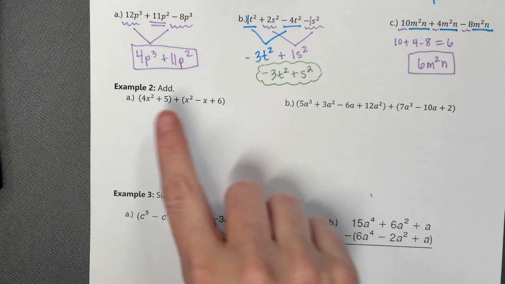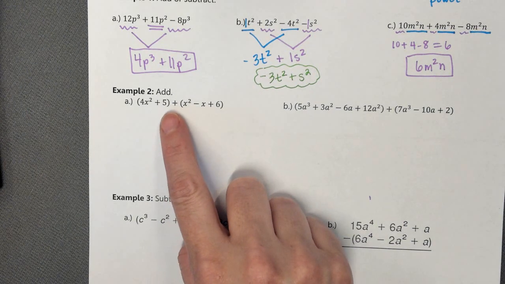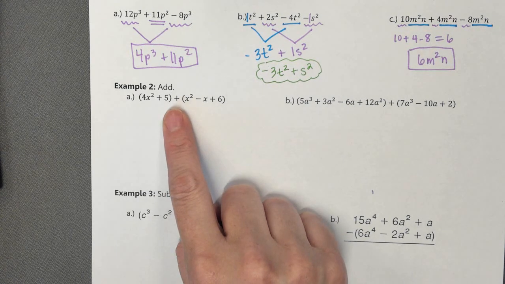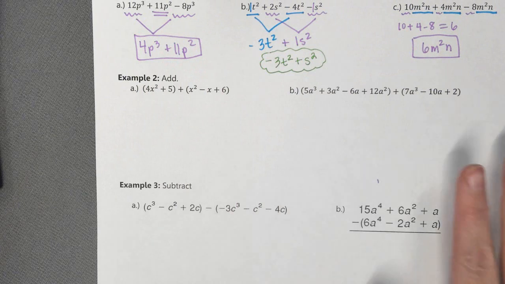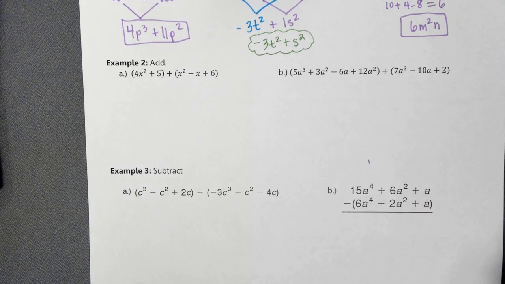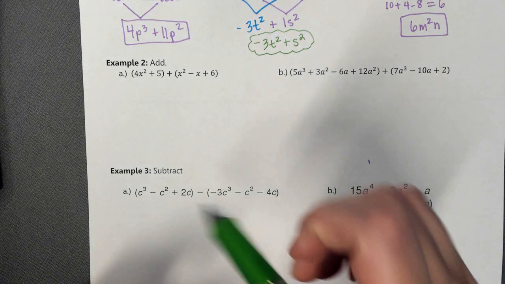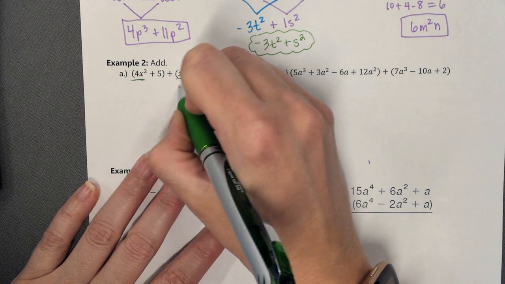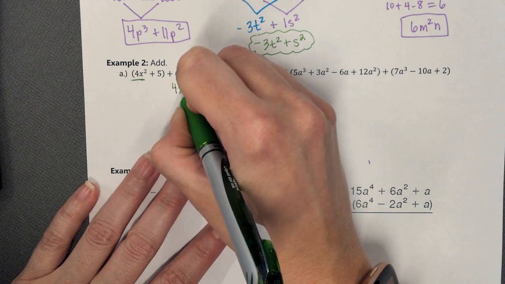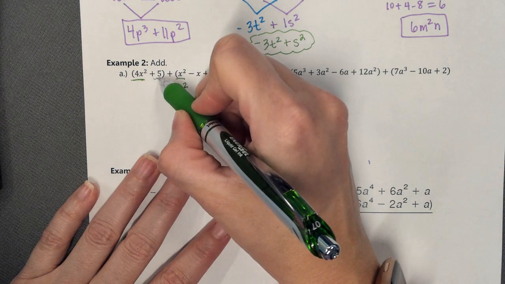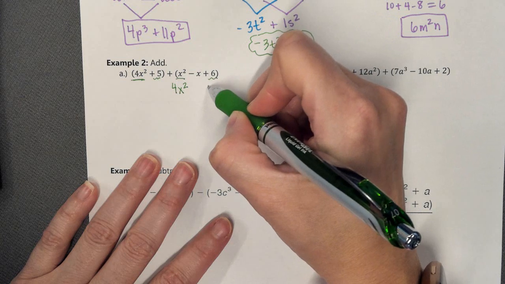Okay, so for the next one, it's asking you to add these together. When you add them together, it is just like what we did for example 1, where you are adding your like terms. You can also arrange them if you want. Like this is 4x squared, this is x squared. If you want to just line them up so you can add them straight down, you can. And then this plus 5 is going to go here.